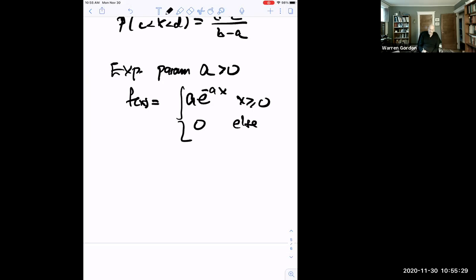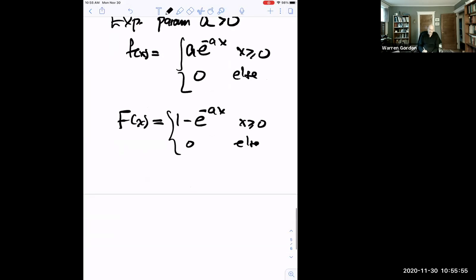And I showed that for this distribution, F of x, the cumulative distribution function, is just 1 minus e to the minus ax for x greater or equal to 0, 0 elsewhere. I believe I showed E of X turned out to be 1 over a, and V of X turns out to be 1 over a squared, if I remember correctly.